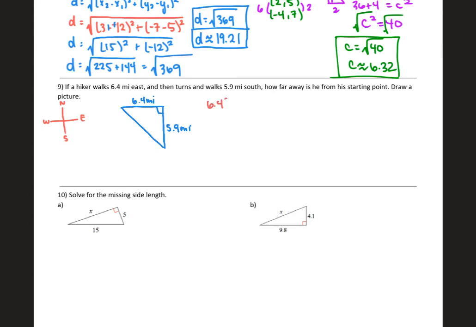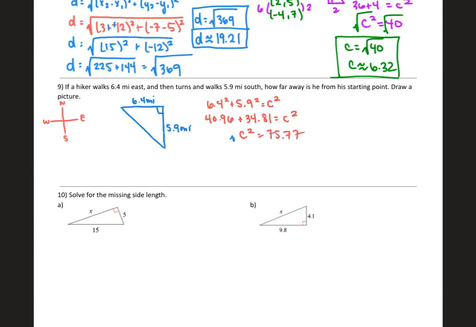So 6.4 squared plus 5.9 squared equals c squared. And then we're going to square. So 6.4 squared is 40.96. 5.9 squared is 34.81. And now we add. So c squared is 75.77.